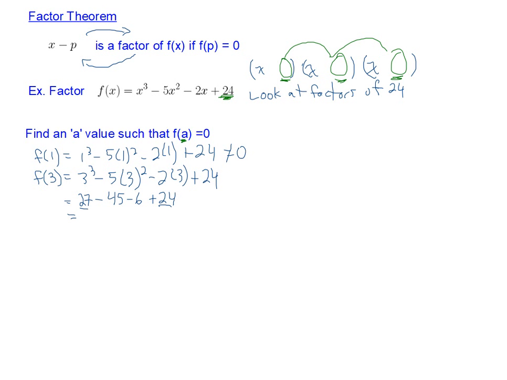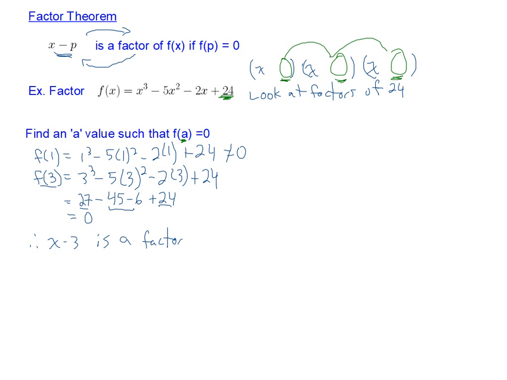That takes me to 51, and then this here is going to give me a negative 51. So that gives me 0. What that means, the fact that f at 3 equals 0, it means that x minus 3 is a factor. Therefore, x minus 3 is a factor of that cubic function.